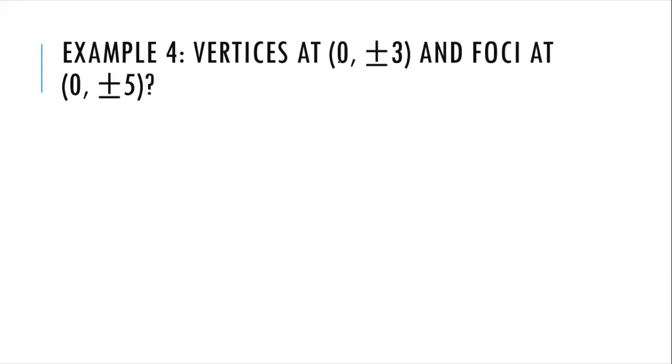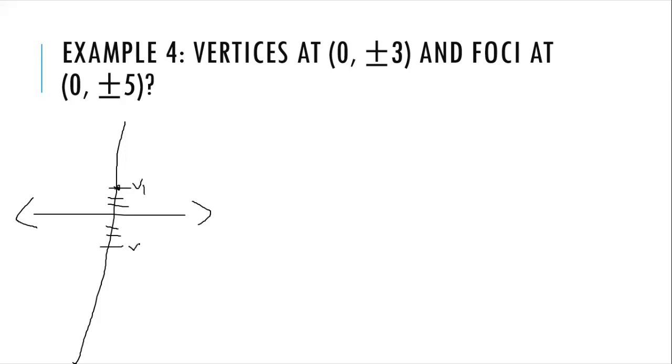Example number 4: vertices at 0, negative 3 and 0, positive 3. The x is 0, and we have y. Positive 3, negative 3. Vertex 1, vertex 2. Okay po, meaning our hyperbola looks like this one.